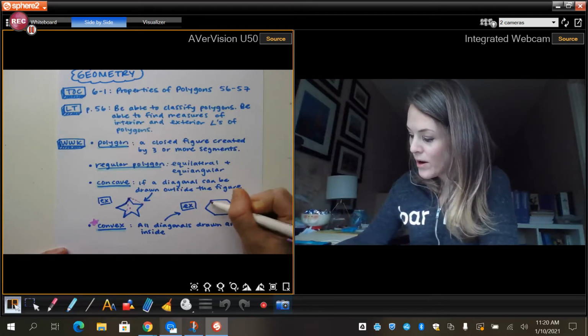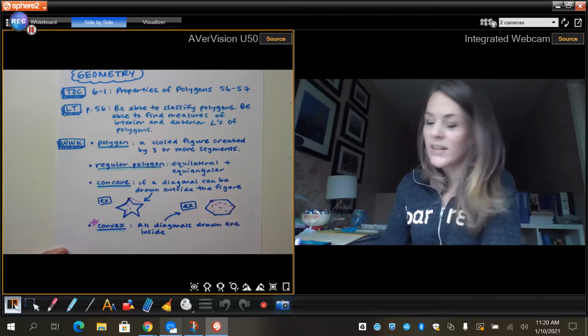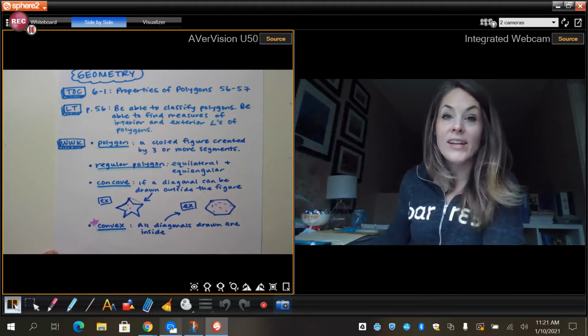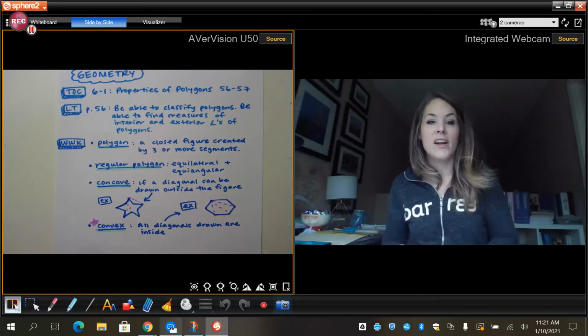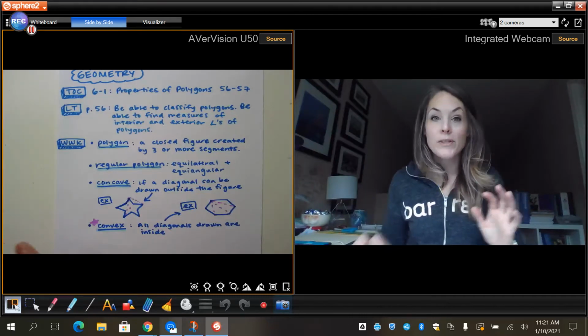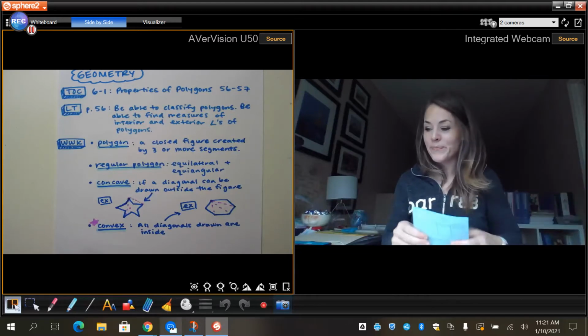So if we start at one vertex, every single diagonal from that vertex is drawn inside the figure. It cannot be drawn outside. So that is the definition of convex. All right, so you can go ahead and pause this and fill out your notebooks. Make sure you have those down. We're going to be using this vocabulary quite a bit.